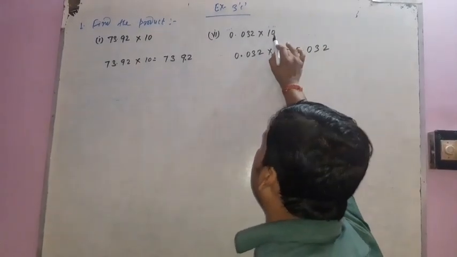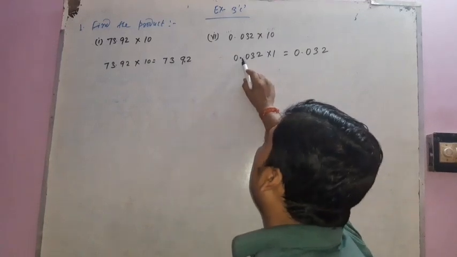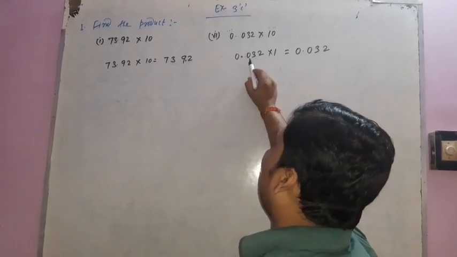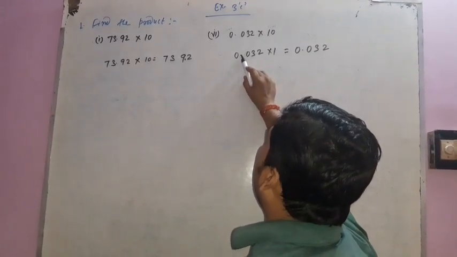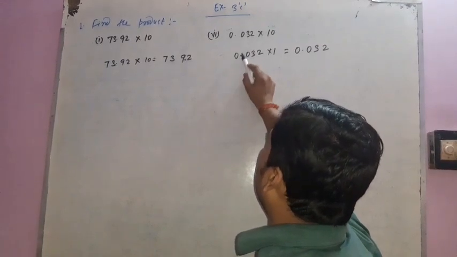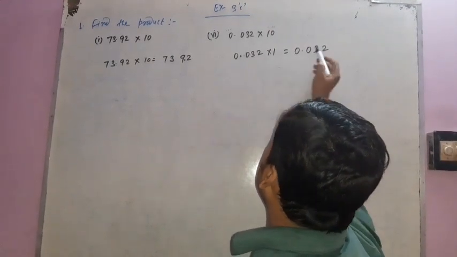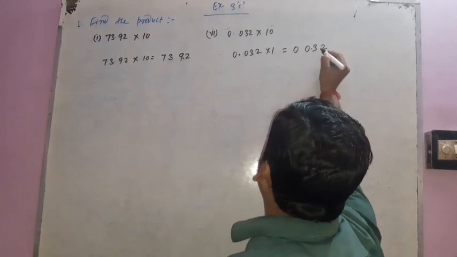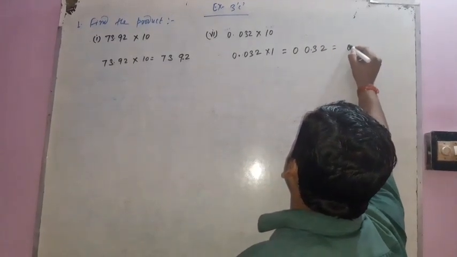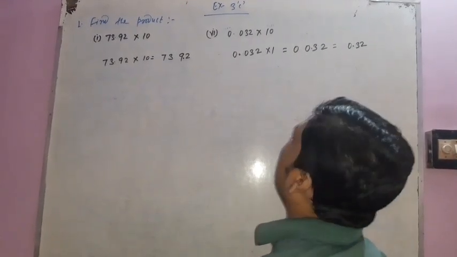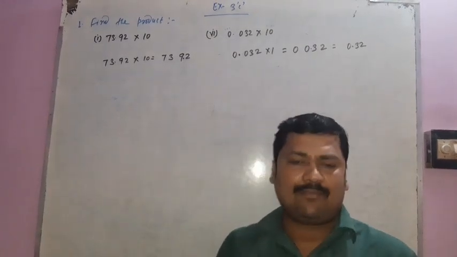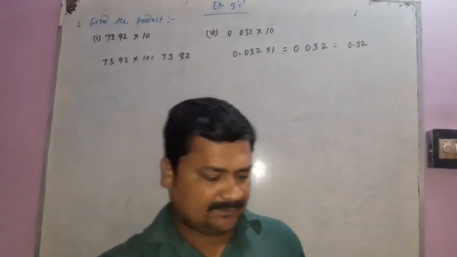Now, how many zeros are present here? One 0. So we have to put the decimal after one digit towards the right. After one digit means the 0, so the decimal comes after this 0. So the result is 0.32. That's the answer.